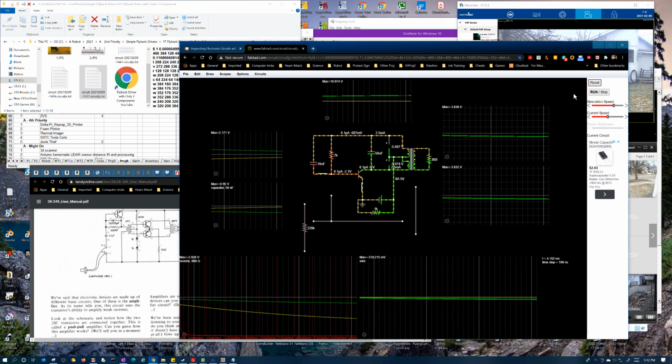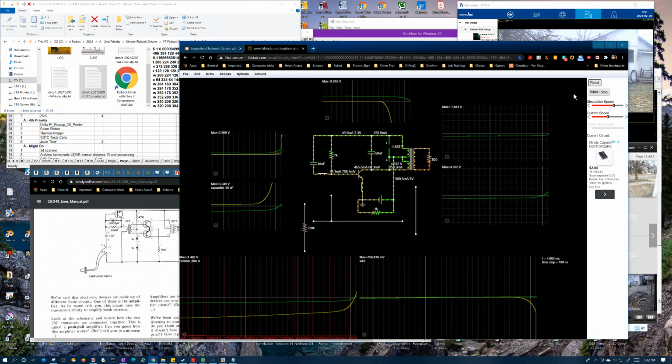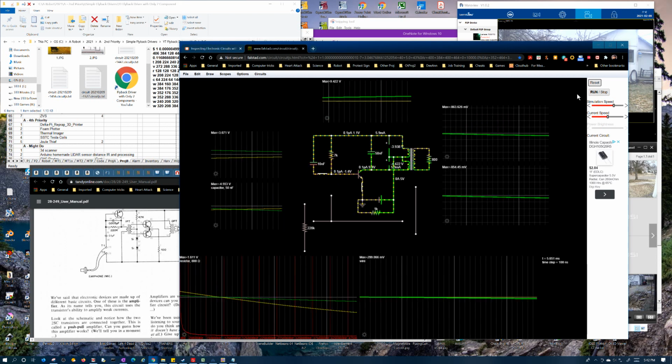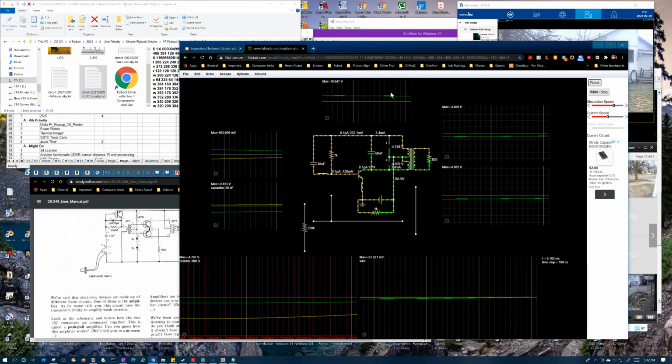Seconds. So apparently something's going on that's wrong.